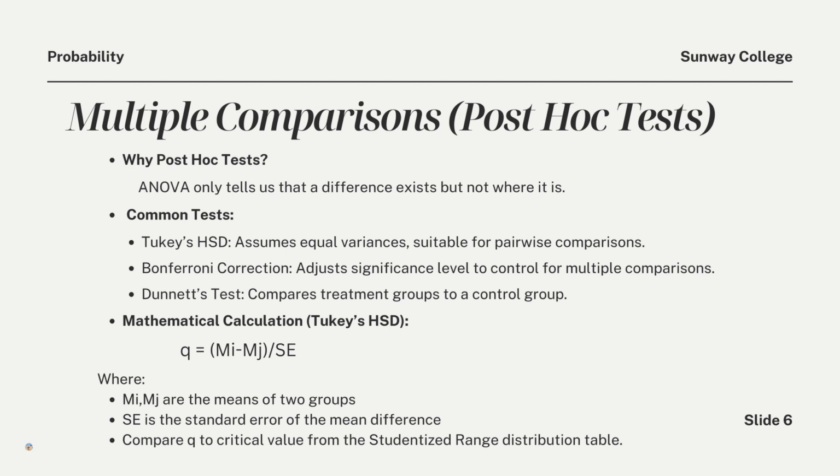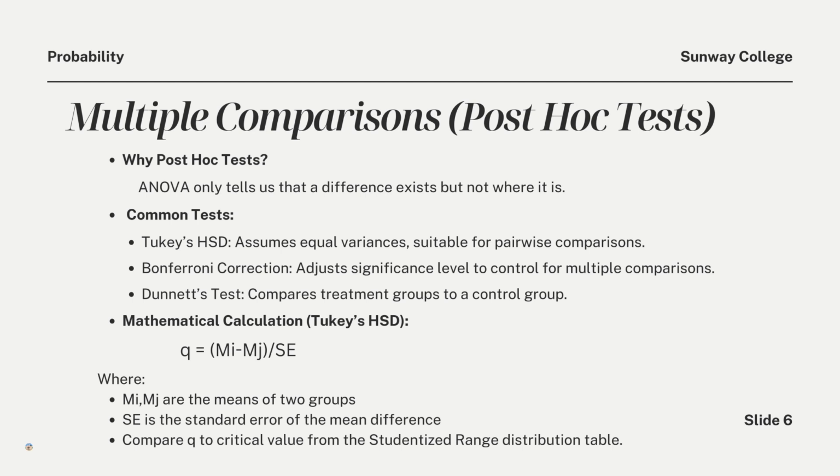Post-hoc test. Now that we know ANOVA can tell us if significant differences exist, but not where they lie, we turn to post-hoc tests for further analysis. These tests help us identify exactly which group means differ from each other.